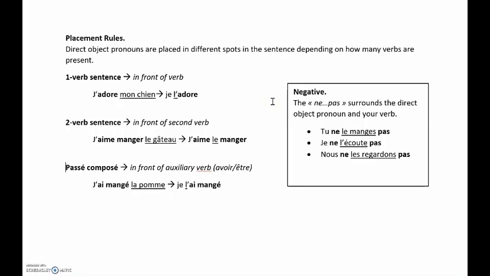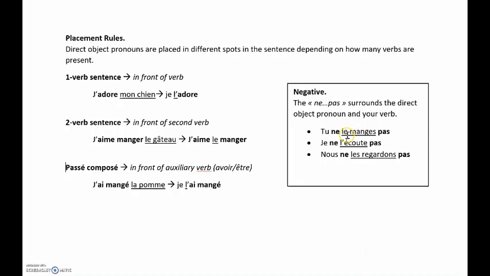Okay, so the last little bit is just with the negative. So sometimes you might come across negative sentences with direct object pronouns, and it's important to know where you put that ne pas. And in this case here, just like it says in the box, the ne pas is going to surround your direct object pronoun and your verb. So it kind of sandwiches them all together. So my three examples that I have, tu ne le manges pas. You do not eat it, is essentially what that says.